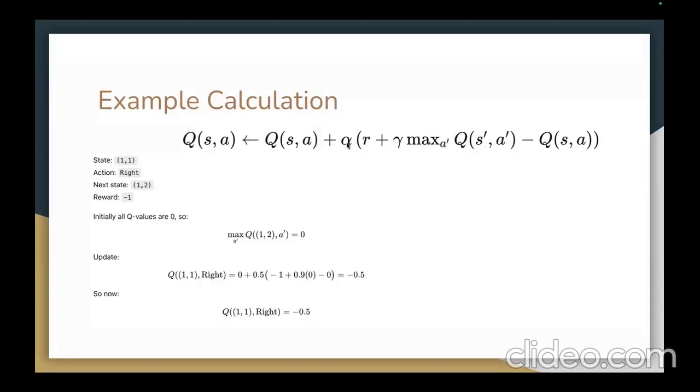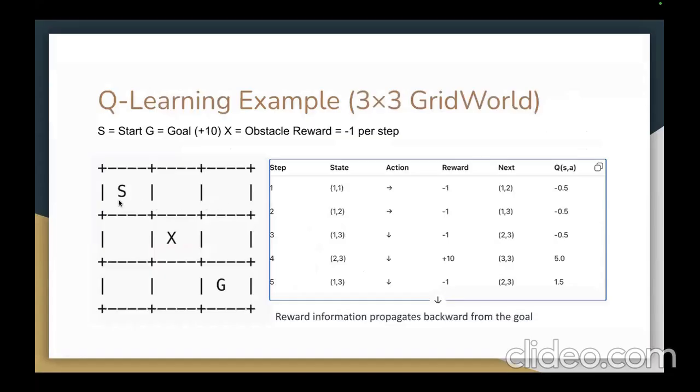We can also use other values, for example, 0.9. And R, we receive a reward of -1. And gamma is how we discount future reward, and typically we use 0.9. And this value becomes 0, and the 0 is the original estimate. We compute the value, and this will become -0.5. So after the first iteration, we update the Q value for this square.